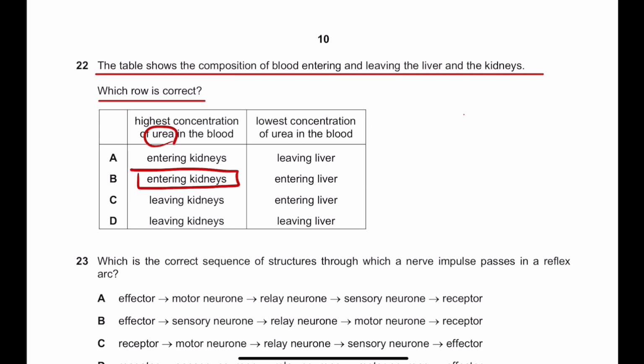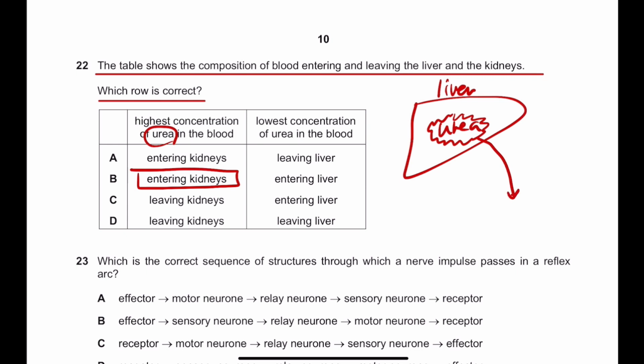Urea, first of all, is made in the liver. When urea is made in the liver, it gets transported to the kidneys. So the highest concentration of urea in the blood is found in the blood that enters the kidney.